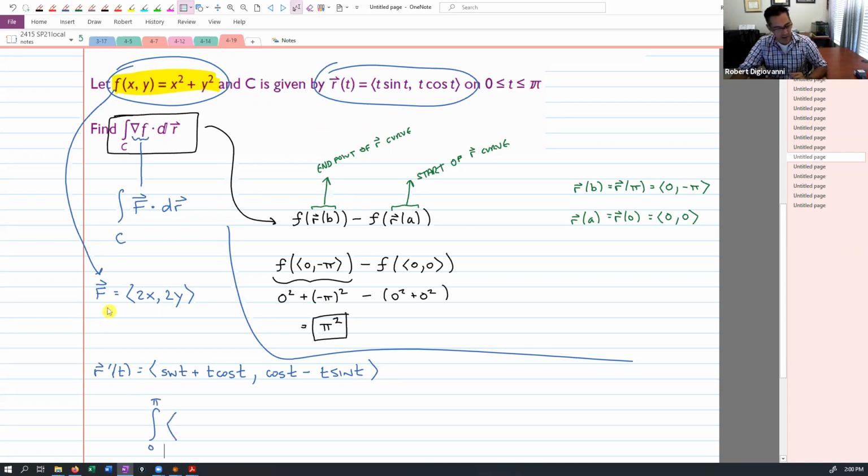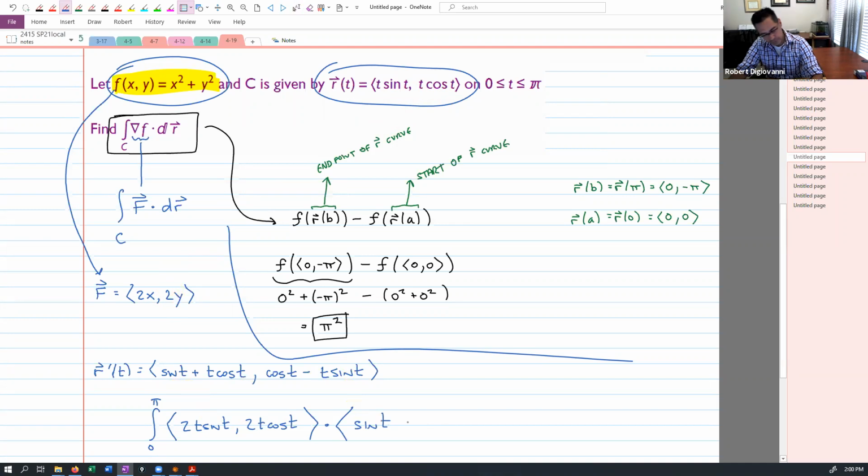You would have to take this field, evaluate it at x and y along this curve. So replace x with t sine t and y with t cosine t. So it'd become 2t sine t, 2t cosine t. You would have to dot that with this guy.